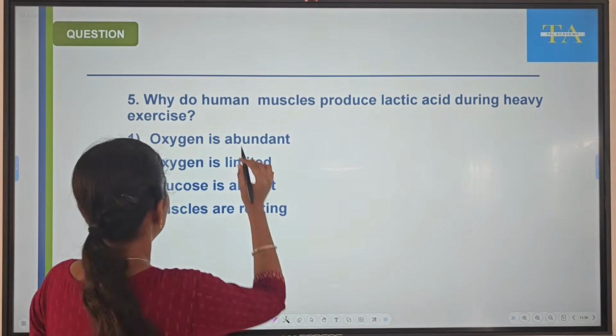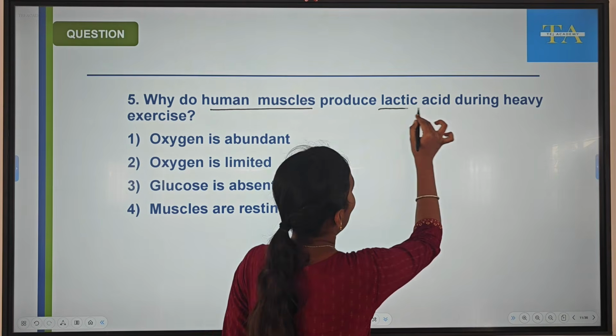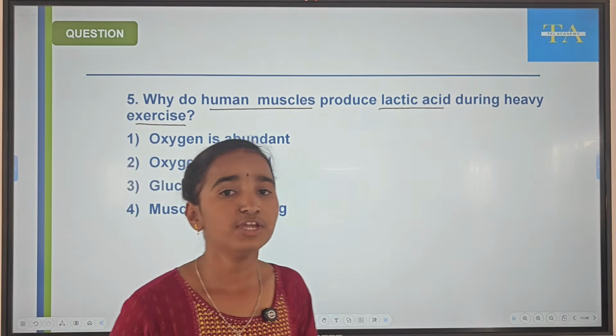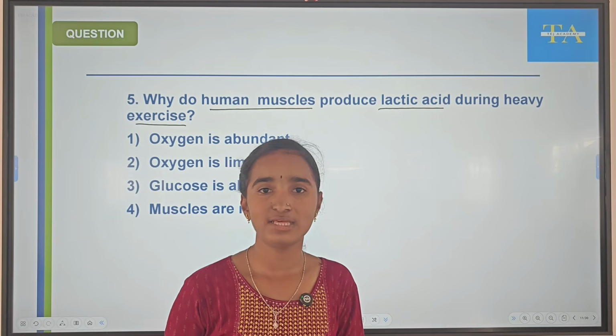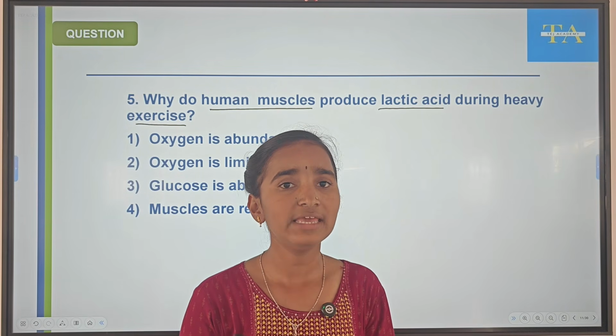Fifth question. Why do human muscles produce lactic acid during heavy exercise? When we do heavy exercise or more physical activities, the oxygen for us to respire will be limited.